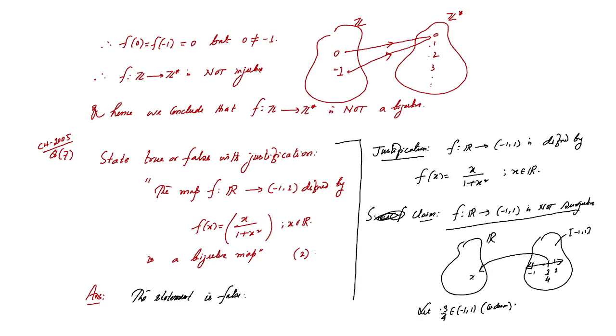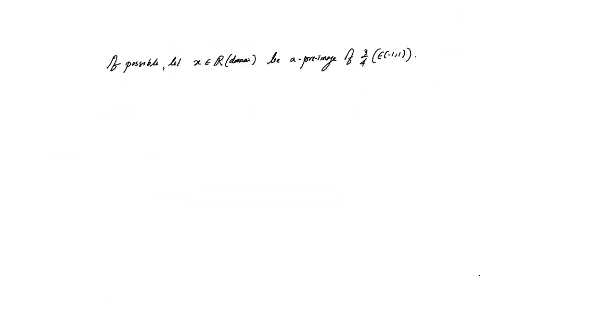If possible, let x belong to R, that means the domain, be a preimage of 3/4, which belongs to the codomain set (-1, 1). So we just consider x is a preimage. Now we'll see what will happen.